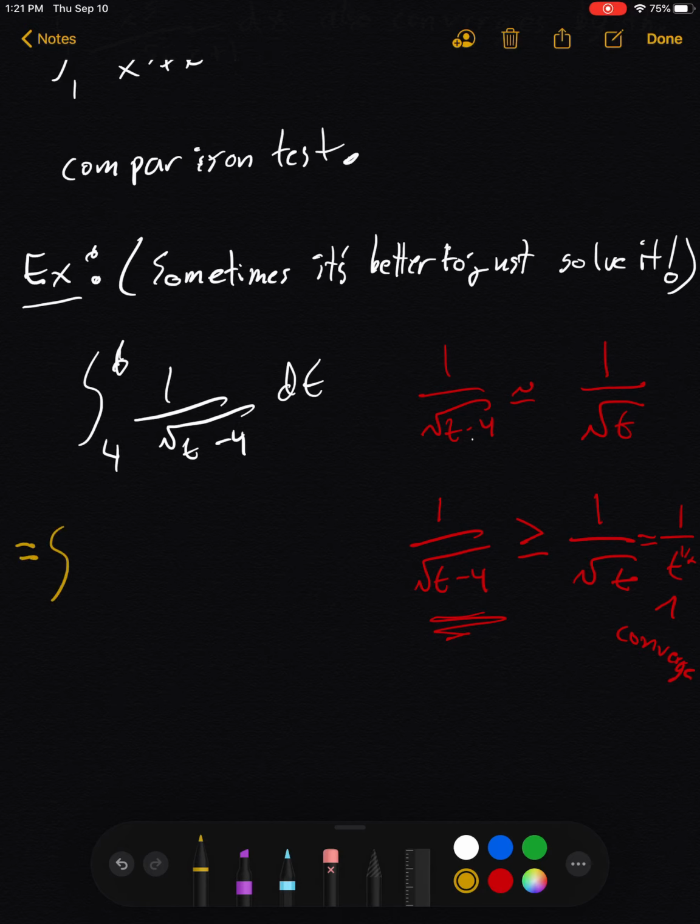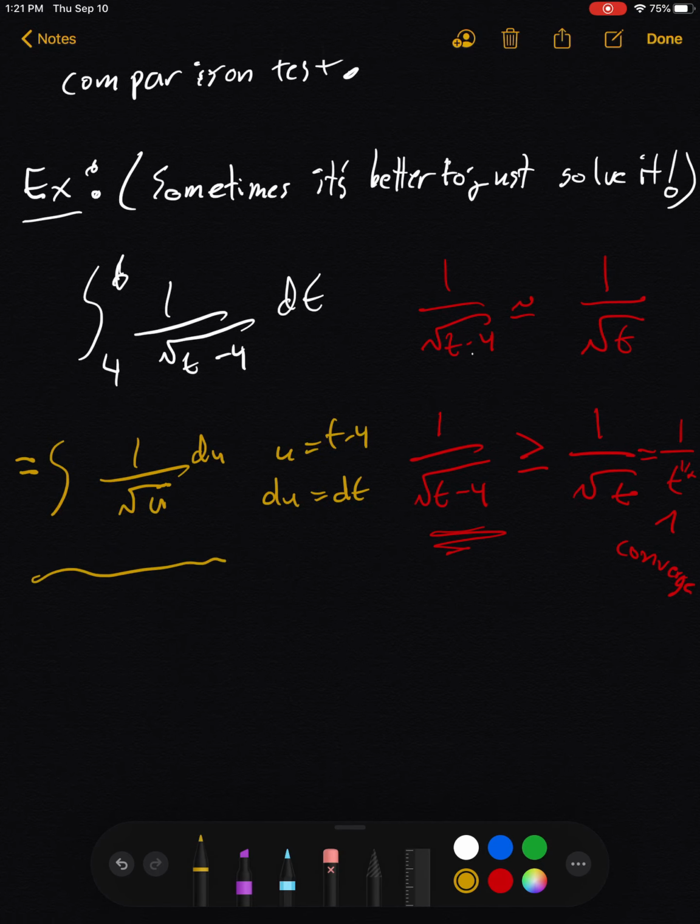Before we talked about comparisons, if I asked you to solve this, one of your first instincts might have been to say, oh, this is just the integral of 1 over the square root of u du, where u is equal to t minus 4 and du is equal to dt. And then I need to change my bounds.